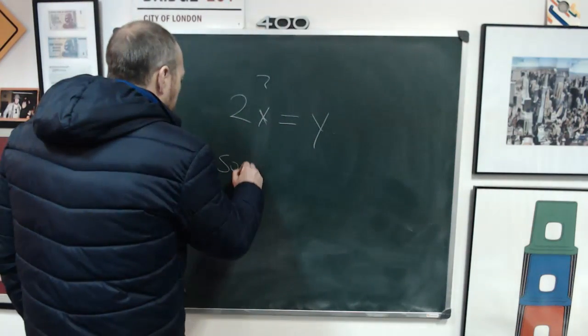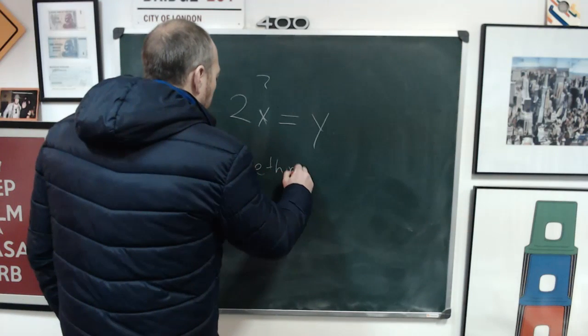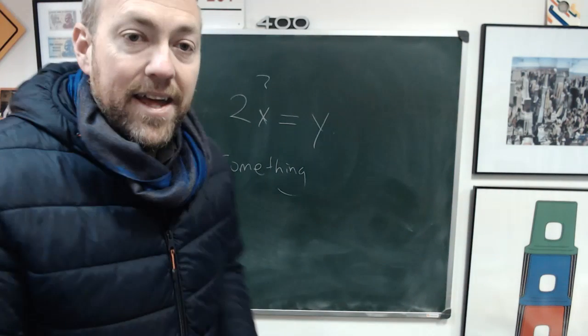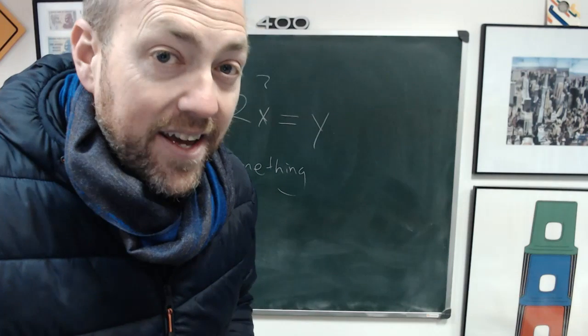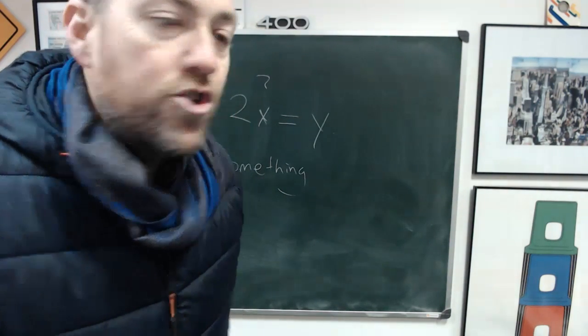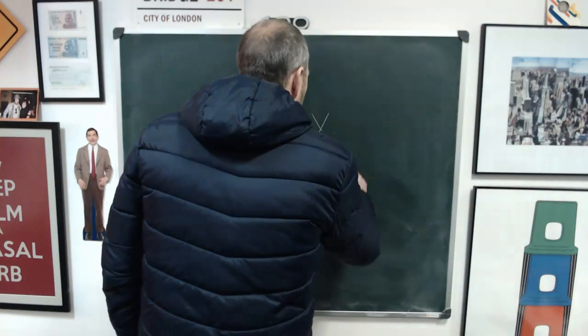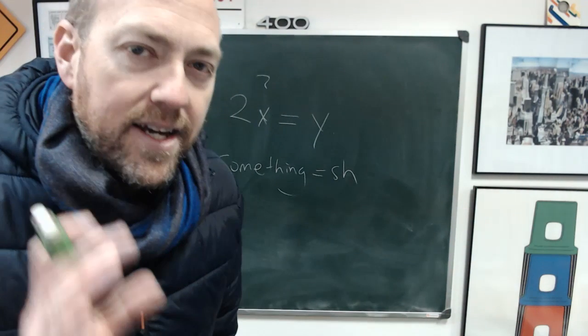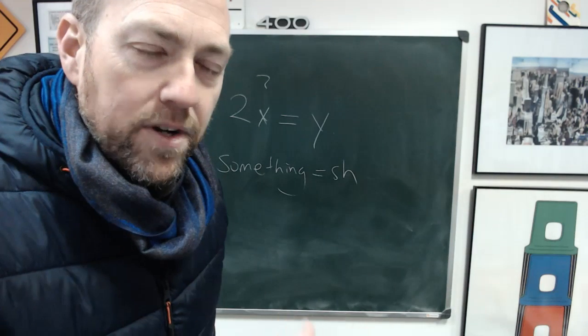And in Arabic, there is a word which means something. And the word something in Arabic starts with the sound sh. Okay? I can't remember exactly what the word is in Arabic.